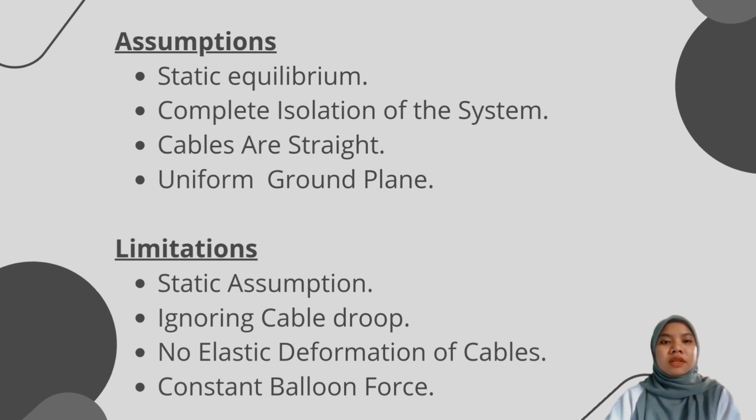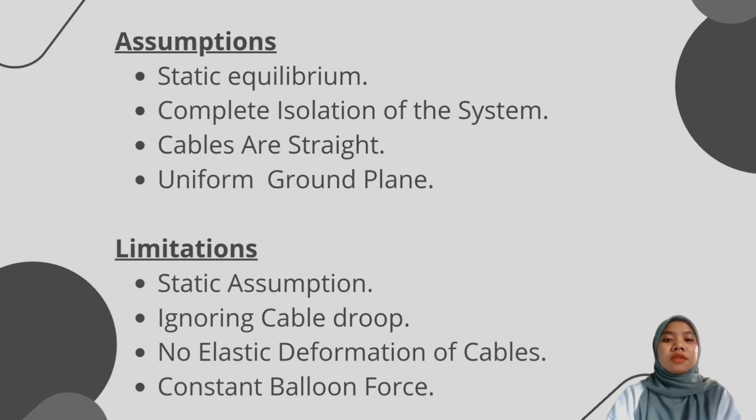Again, to simplify the analysis, we assume static equilibrium, meaning the net forces acting on the balloon are balanced and constant. We neglected any environmental factors like wind resistance, which would typically influence a real-world scenario.